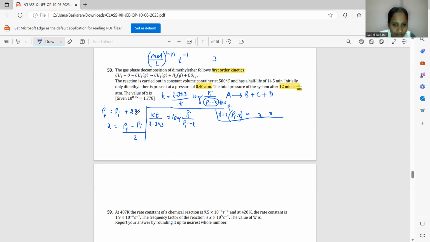Now we have determined the K value. So how can we determine the K value? The K value can be determined.